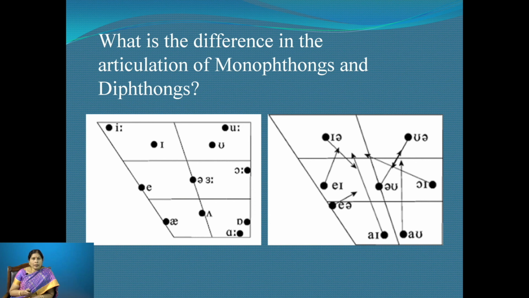Whereas in monophthongs, the tongue raises towards the passive articulator only at one point, and the vowel is produced. In diphthongs, the tongue raises at one position and moves in another direction. So that is why a glide takes place, and we call them diphthongs.